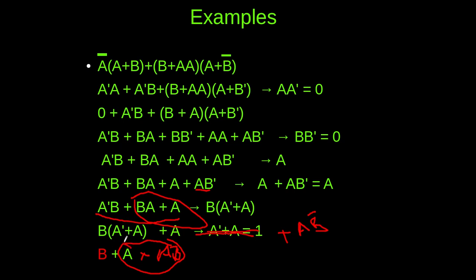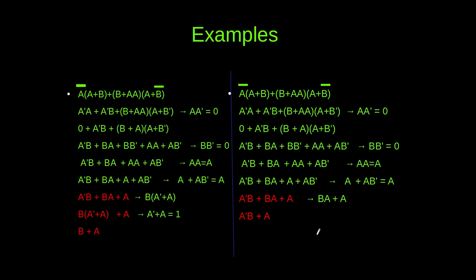Is it B or A, or is it A by itself? And remember, why do we simplify? We want fewer gates. Here I have an OR gate, here I don't have any gates, just the A, the input. So that one was more optimal, let's say.